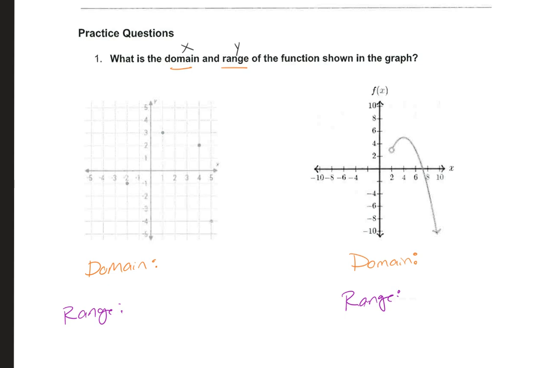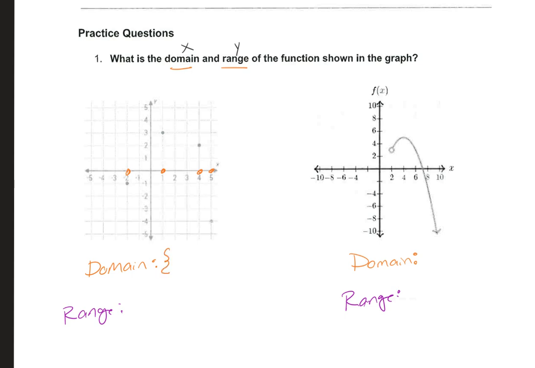Dealing with my domain, let's start with the domain on this graph. I have just points. I don't have any lines. So remember, my domain is my X, so I want to take this value and squish it against the X value and see what I get. Well, this dot falls on 5, this one falls on 4, this one falls at 1, and this guy falls at -2.